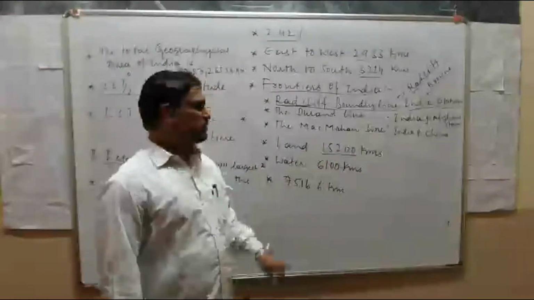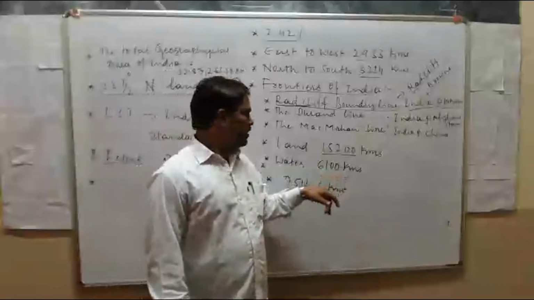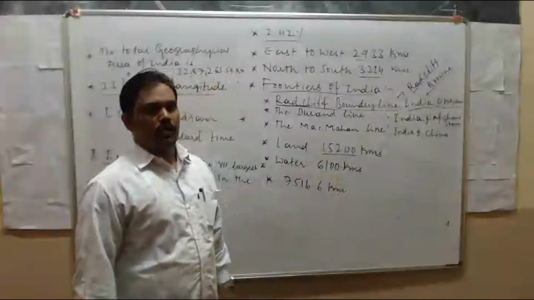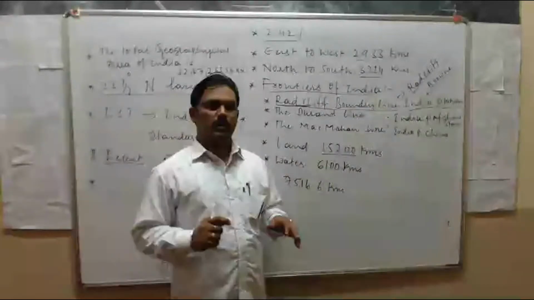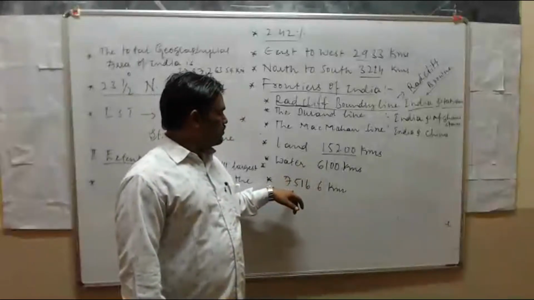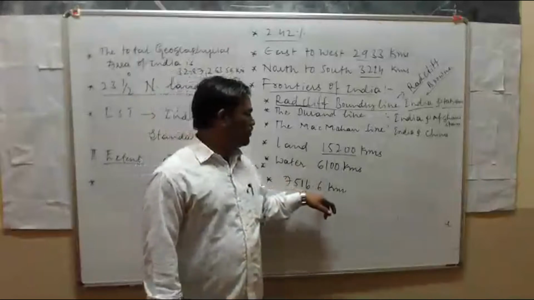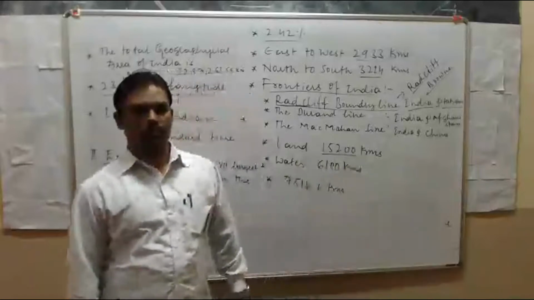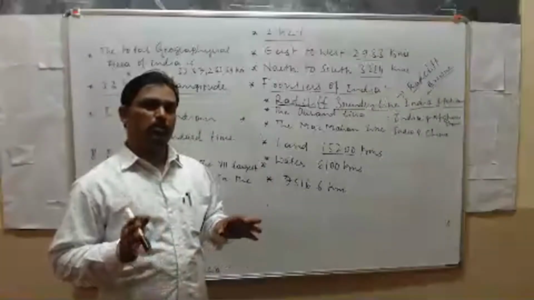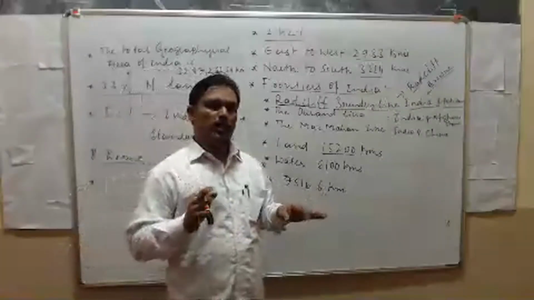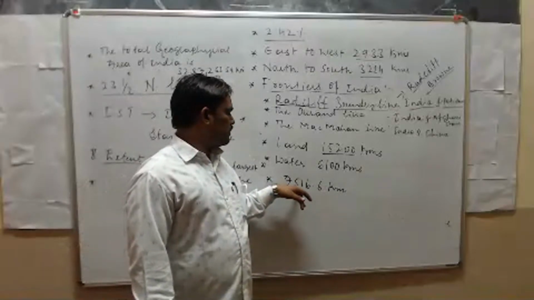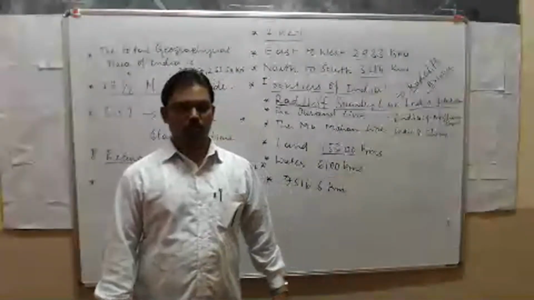India has its water frontier. Is it clear? Next, the total coastal length of India, including Andaman, Nicobar Islands as well as Lakshadweep, is 7,516.6 kilometers.